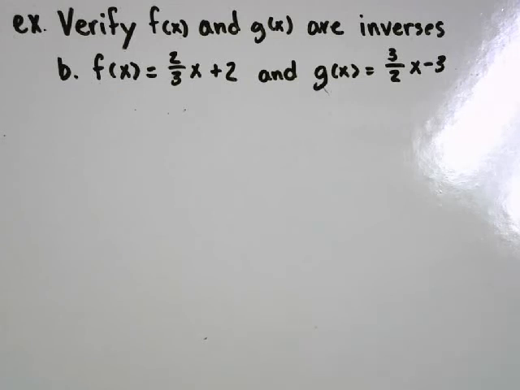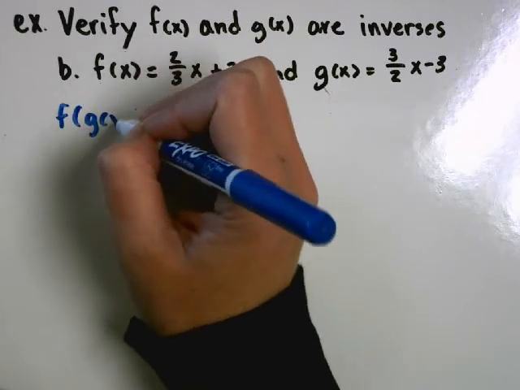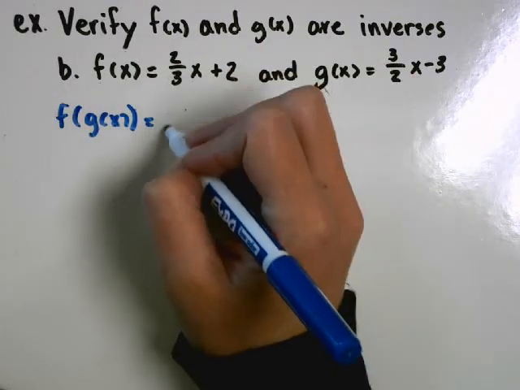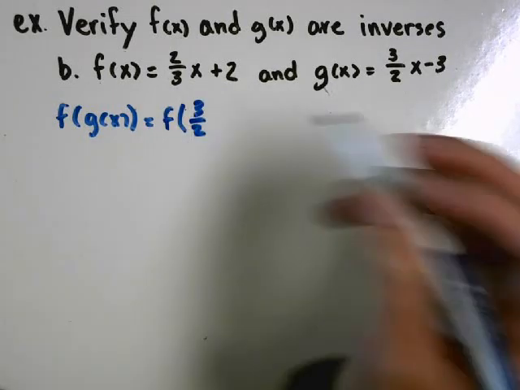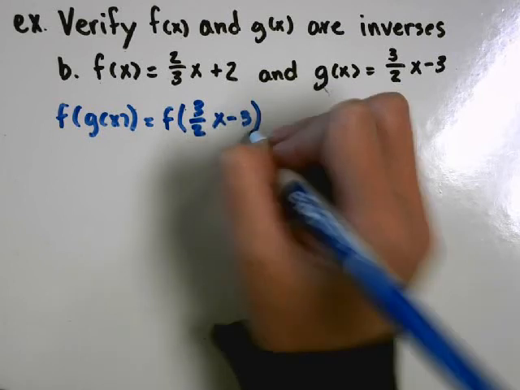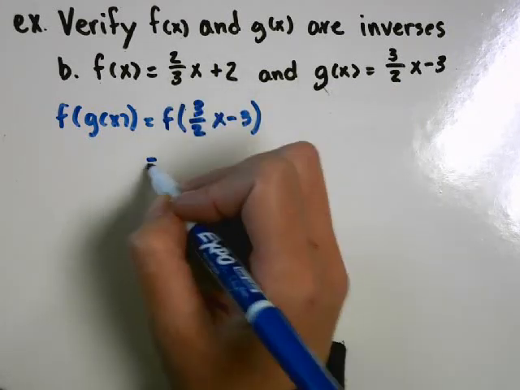Okay, so next problem, f of x is 2/3 x plus 2, and g of x is 3/2 x minus 3. So we'll do the composition, f of g. So that's going to be f of, I'm taking this whole thing, 3/2 x minus 3. And I'm taking that and plugging it into this.